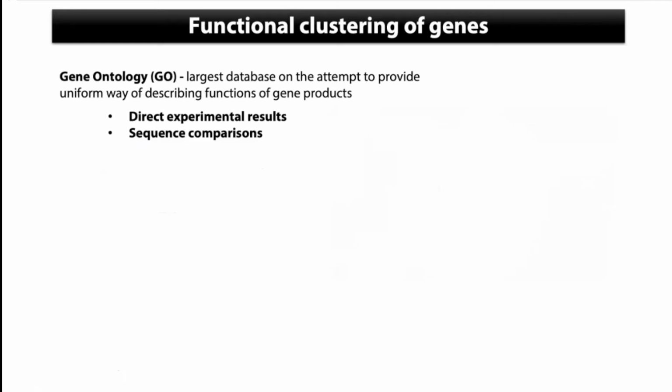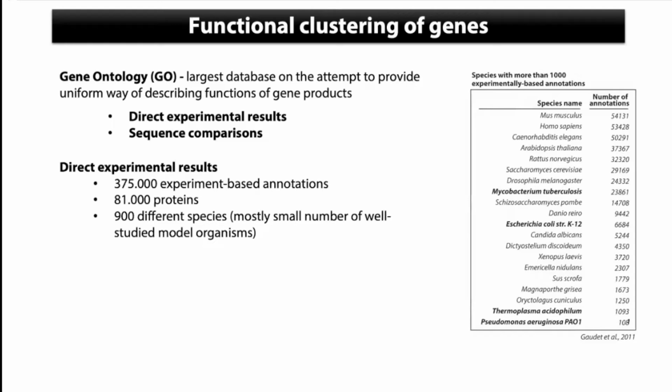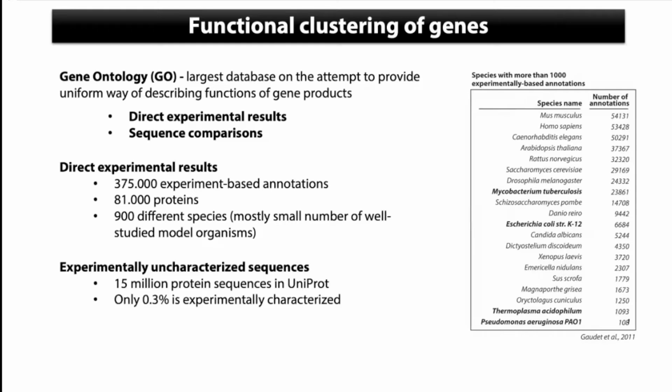GO, the Gene Ontology database, is one of the largest databases that you could get information from, where they try to predict the function of genes to annotate them, based on direct experimental results or sequence comparisons. And it's good to note that there are not actually many genes in GO. When you look at the total number of protein sequences in UniProt, there are 15 million protein sequences, and only 0.3% of them are experimentally characterized.